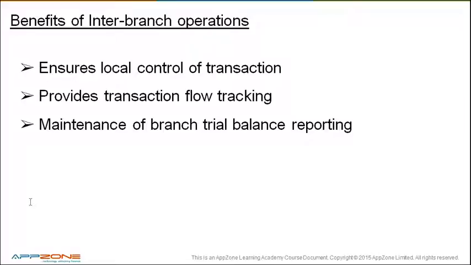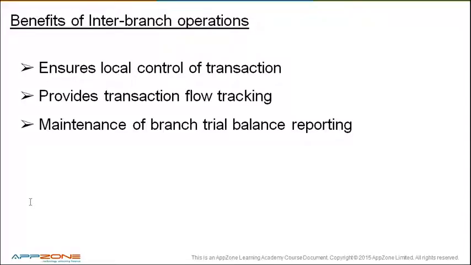Via the interbranch suspense, the head office will post its own leg of the transaction, which is crediting the printer account and debiting an interbranch suspense. That completes the head office leg.